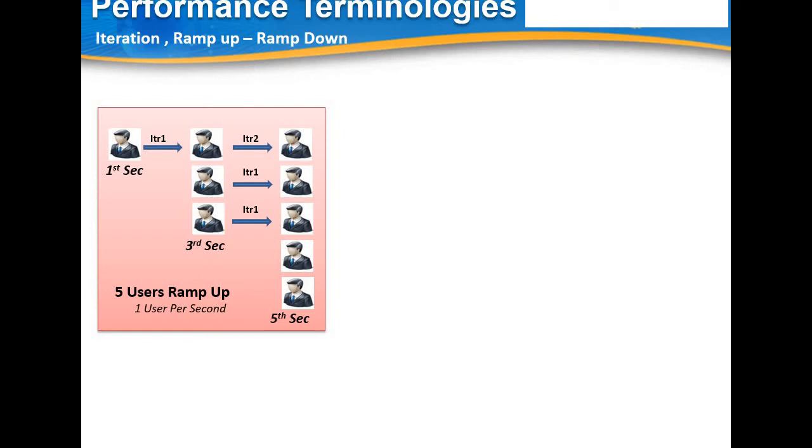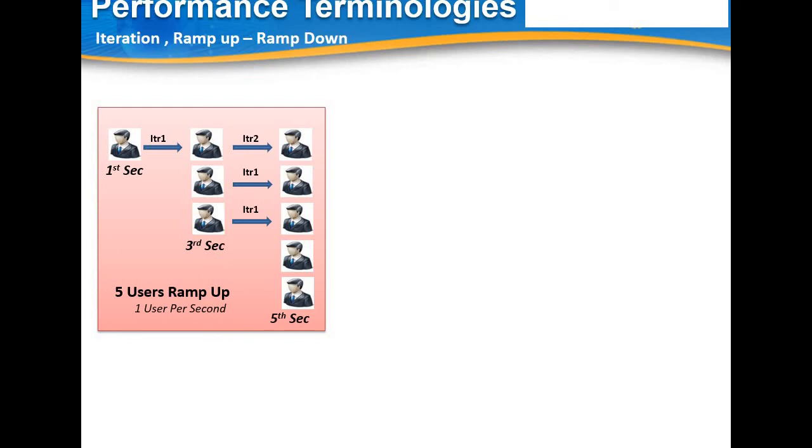Let's say in the first second, one user enters the application. After every 2 seconds, two more users come into the application, like shown in the example. In the first second, one user enters the application and starts his first iteration. Then at the third second, two more users come in, and at the fifth second again two more users come in.